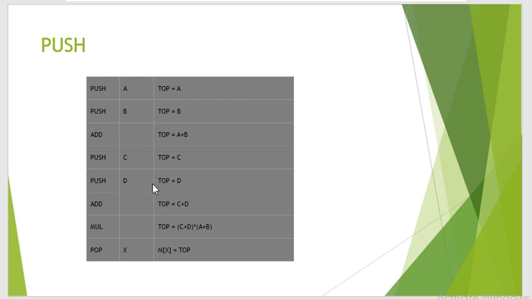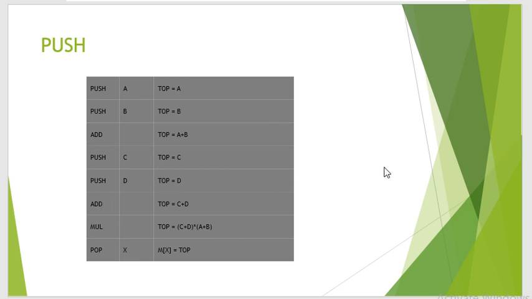Push d is nothing but pushing one element to the top of the stack. Here d is the new operand to be inserted. So the value of d will be transferred to the top of the stack. These are the micro operations.